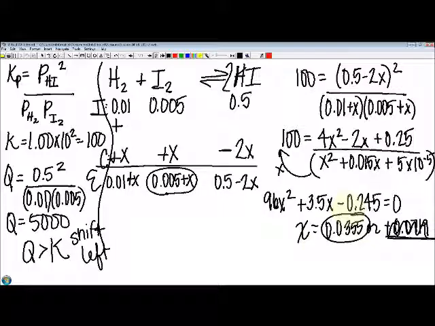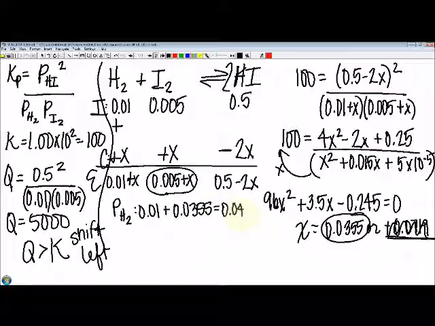So to find our equilibrium pressures, our last thing that we need to do, we would plug in that for x. So the pressure of H2, you take the 0.01 plus the 0.0355, and you get 0.0455, and it's in atmospheres because that's what the problem said.